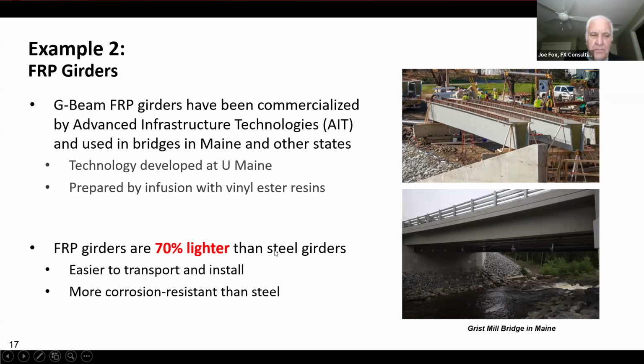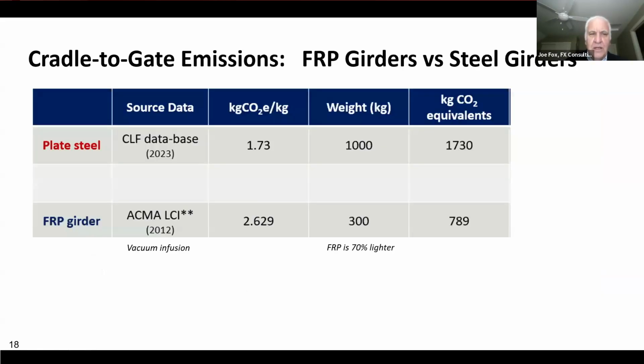Again, these FRP girders are 70% lighter than steel girders, which makes them much easier to transport and install. And again, they are much more corrosion resistant than steel. Let's do a calculation for the girders. This time I'm taking information for plate steel from the CLF database, and I come up with 1,730 kilograms of CO2 equivalents.